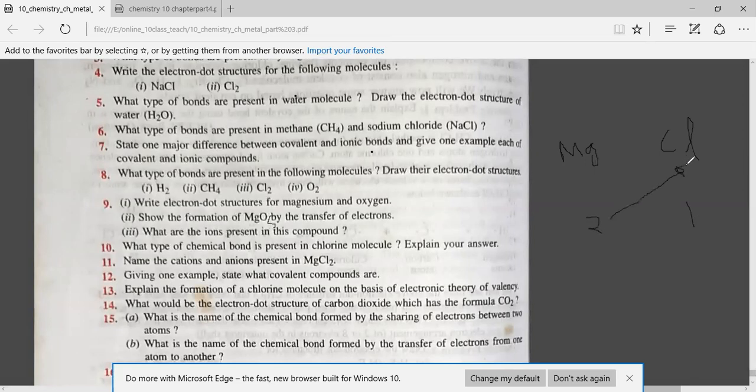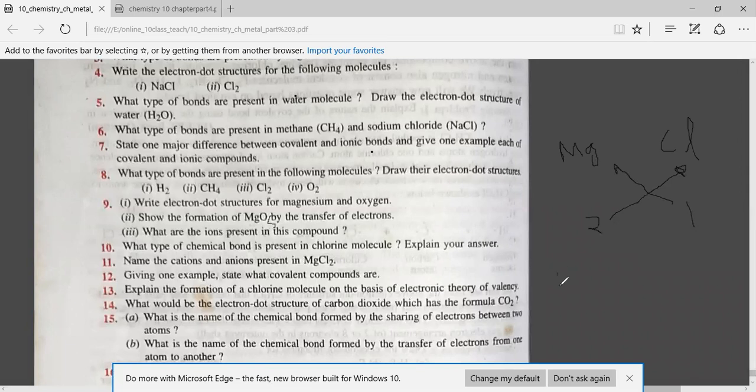So we form the compound like this. This 2 is representing the combining capacity, the valency, of magnesium, and this 1 is representing the valency of chlorine. So the combining capacity of Mg is 2, and the combining capacity of chlorine is 1.